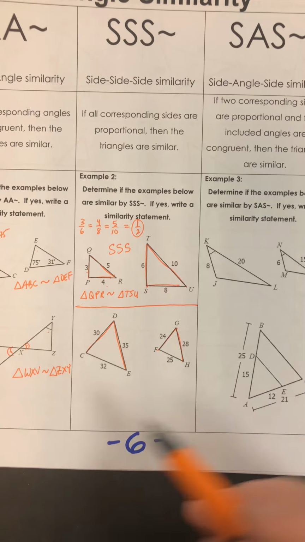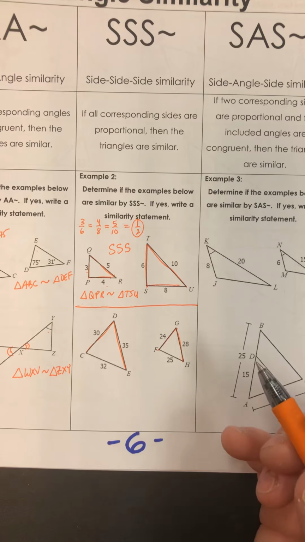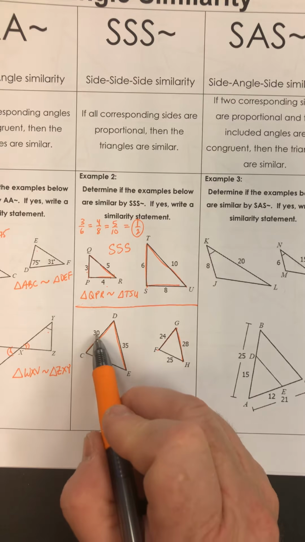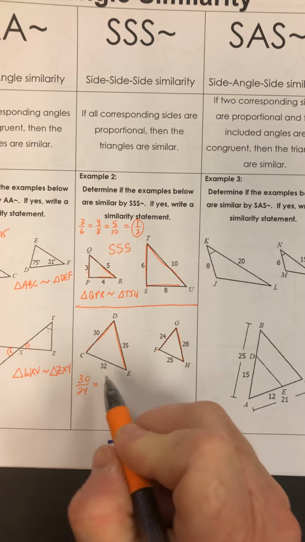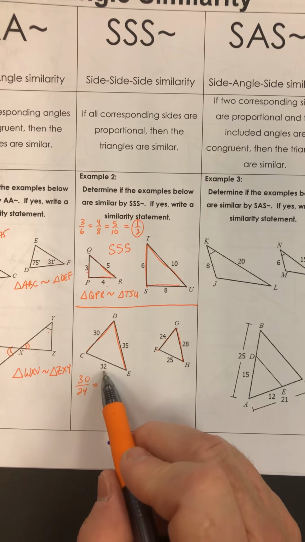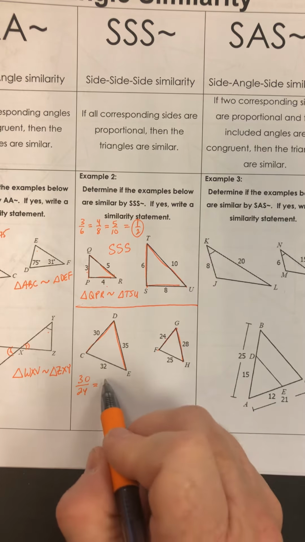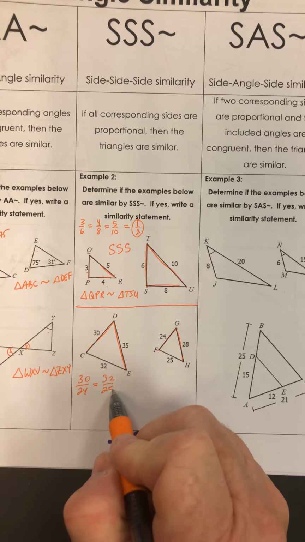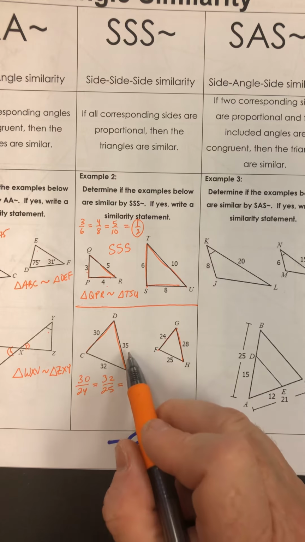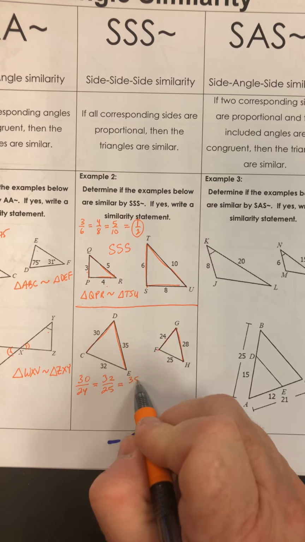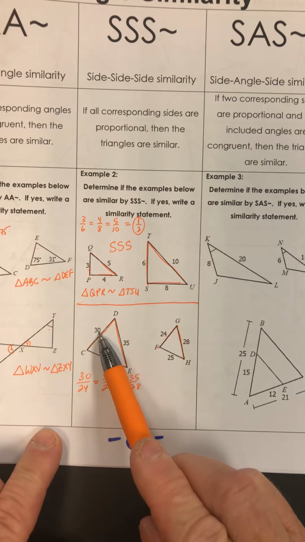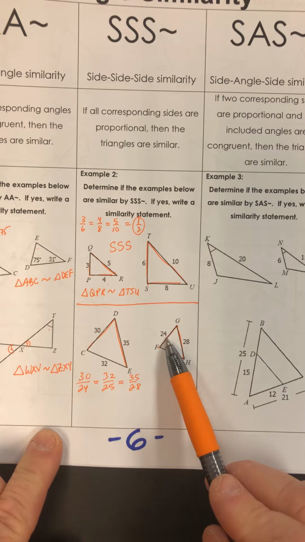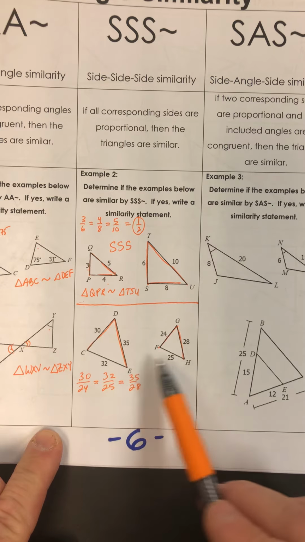That's how you'd match them up, because that's how they'd have to be drawn. So 30 over 24 should equal, so 32 would go with what, 25? And 35 would go with 28. So I matched up smallest with this one, and largest and the middle one.